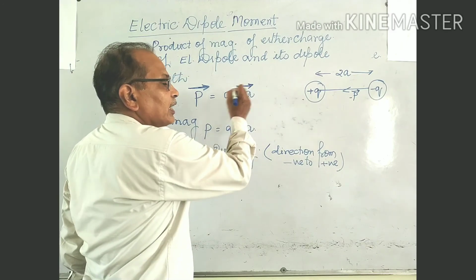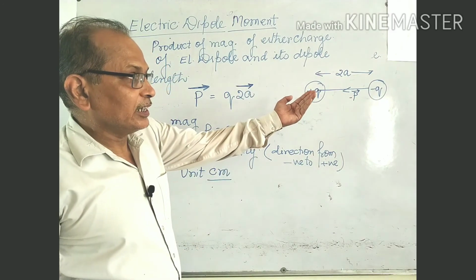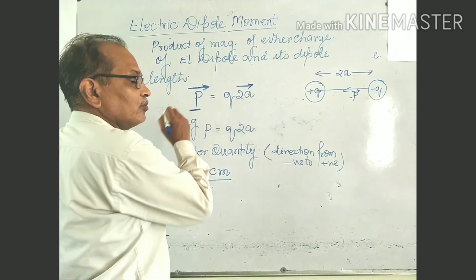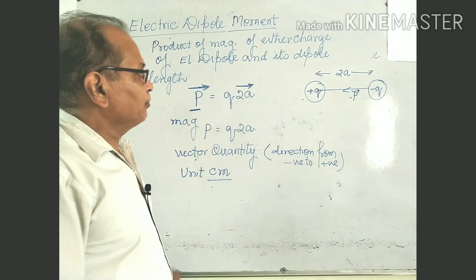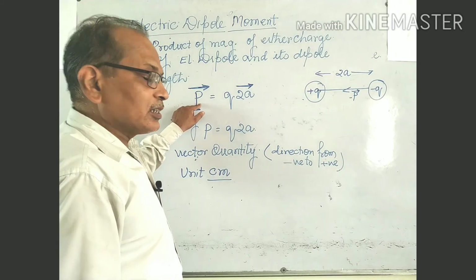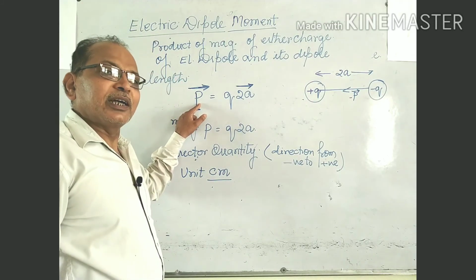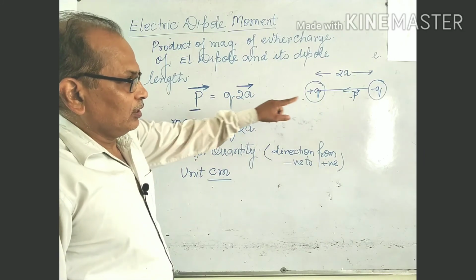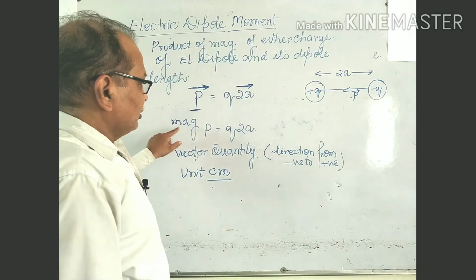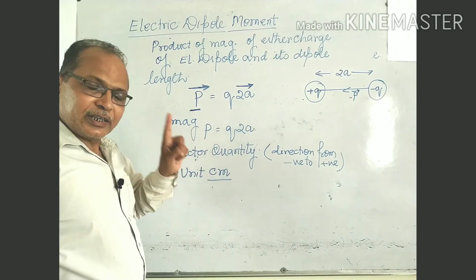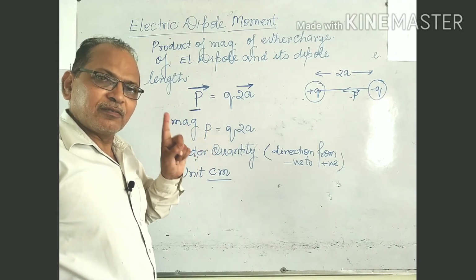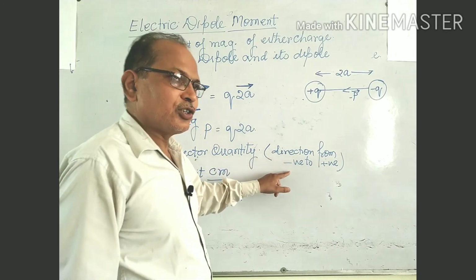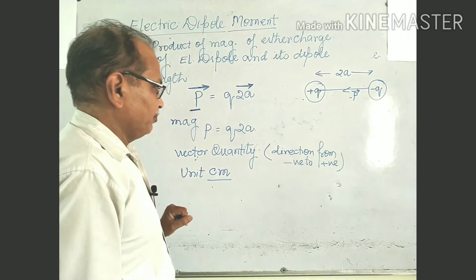The direction of the length is always from negative to positive. The dipole moment is represented by P. Its direction is always from negative charge to positive charge. Therefore, it is a vector quantity.